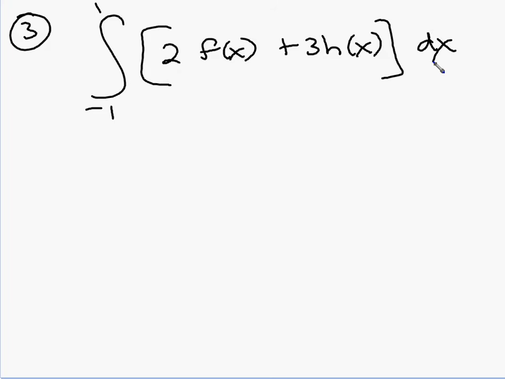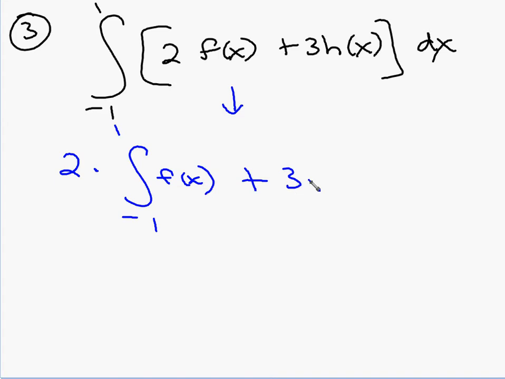And I've got a sum. So, in reality, what I've got here is 2 times whatever the integral from negative 1 to 1 of f of x is, plus 3 times the integral from negative 1 to 1 of whatever h of x is. Left off my dx here. AP calculus people get mad about that, so we better put that in.